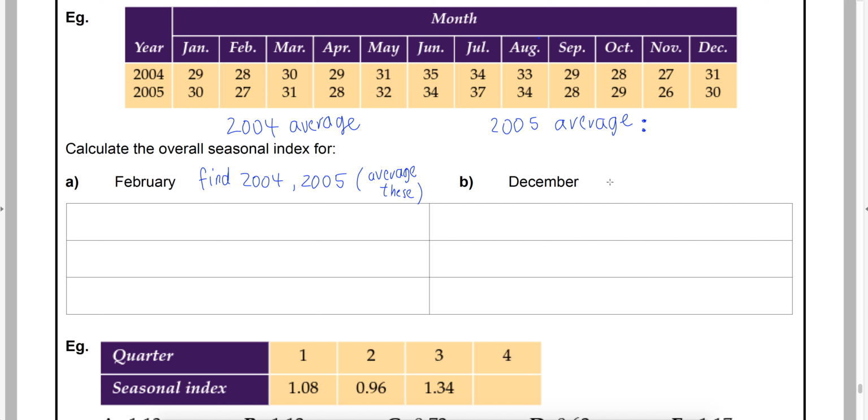So, the most time-consuming part here really is finding the average, because what I'm going to have to do is add up all those values for 2004, so 29, 28, 30, 29, 31, 35, 34, 33, 29, 28, 27, and 31, and then divide that by 12.